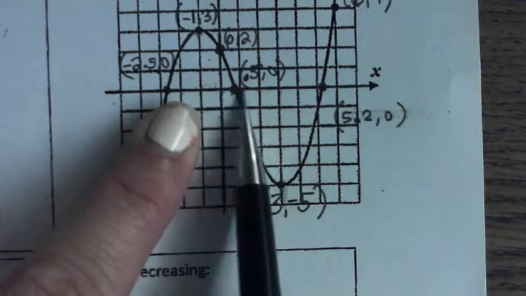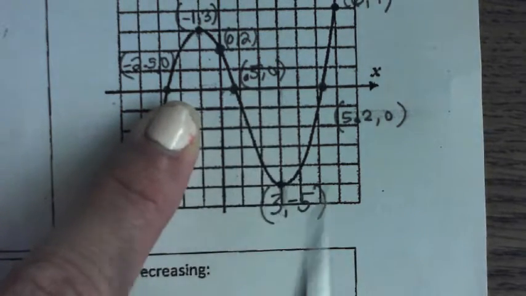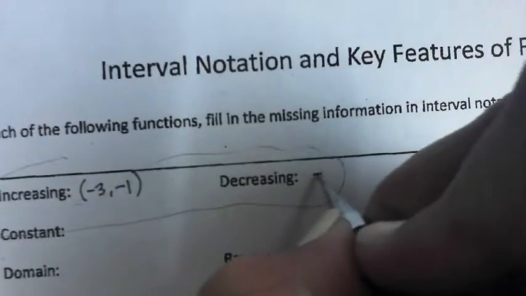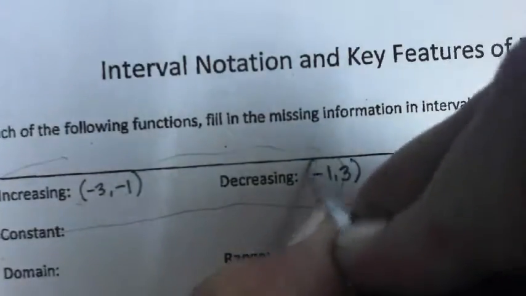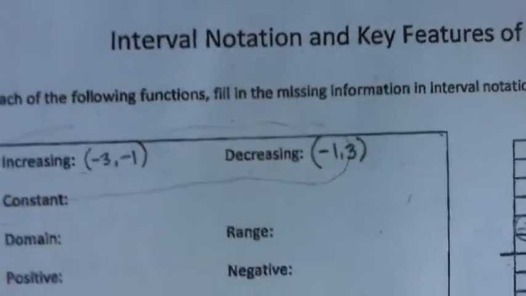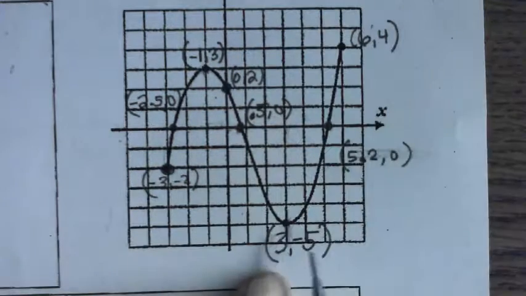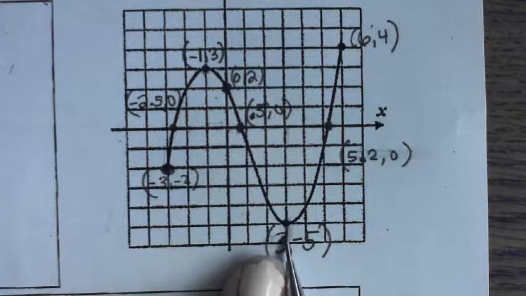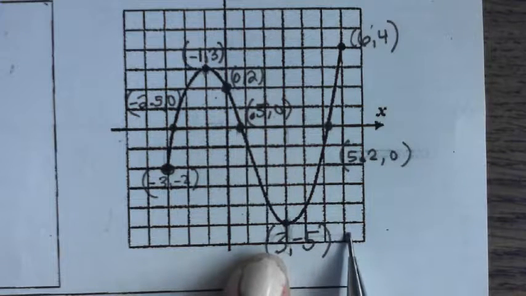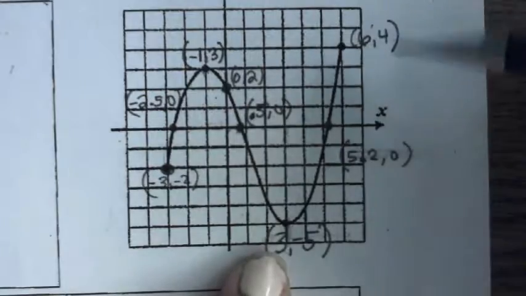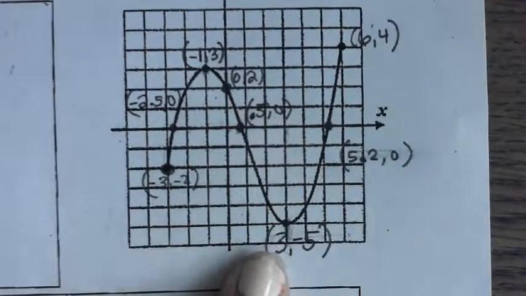So from -1 to 3, we're decreasing. Good? Back to our graph. Then we start increasing again from 3 until 6. Are we good? And because we have the coordinates there, we've made our life easier. We don't need to keep counting over and over again. So from 3 to 6, it's increasing again.